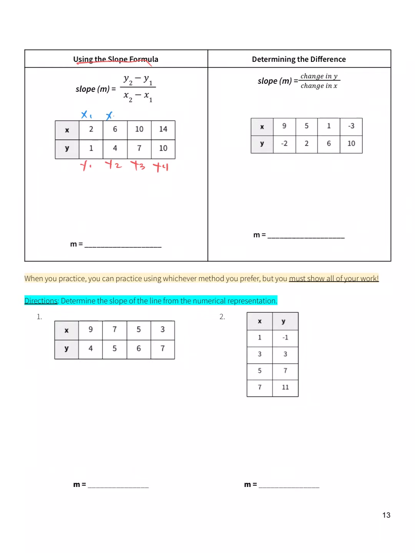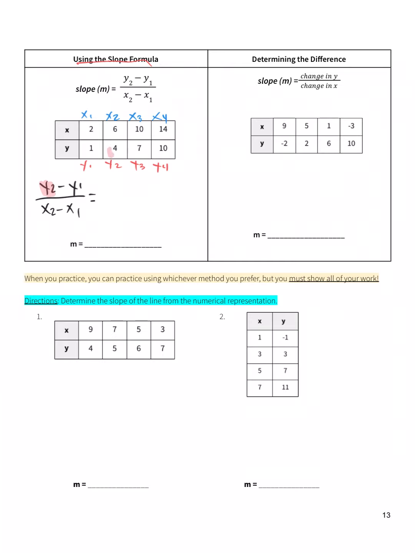x1, x2, x3, x4. All right, so my formula is y sub 2 minus y sub 1 over x sub 2 minus x sub 1. All right, so what you're going to do now is find your y sub 2.